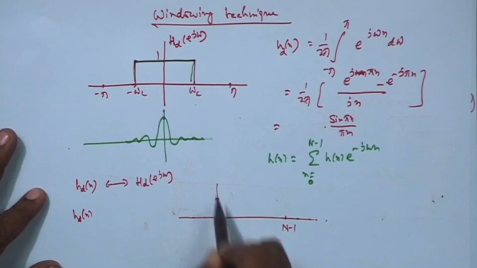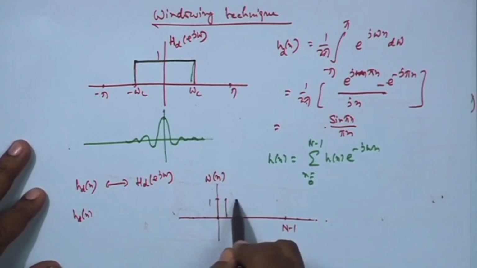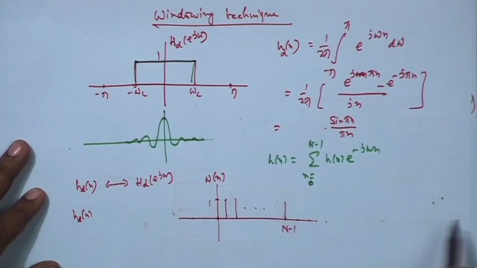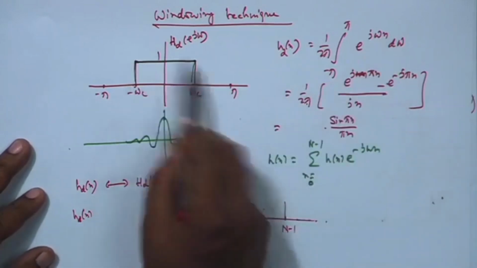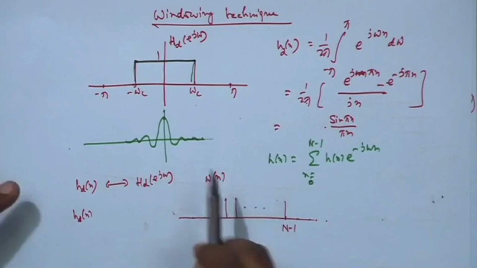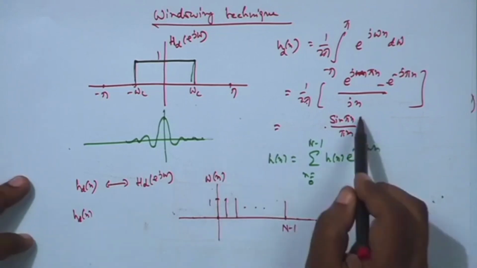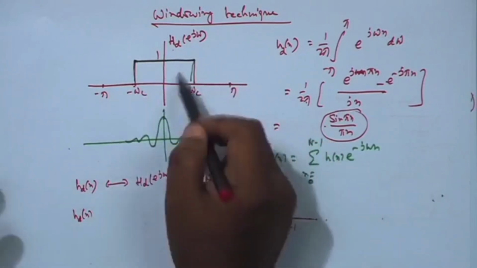That means, I design one window, rectangular window, all taking value 1 up to this. So, h d n which comes by inverse Fourier transform of whatever be the desired response, here it was this, it could be anything, any desired response, let us call it h d n. That is why I am not sticking to this form, because H d e to the power j omega could be anything else, not just this.